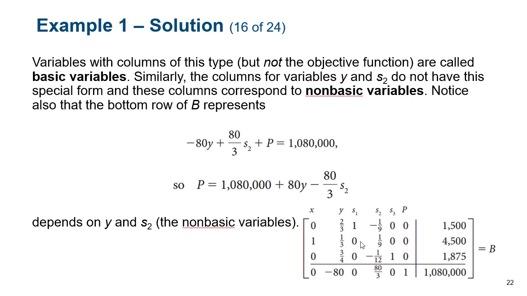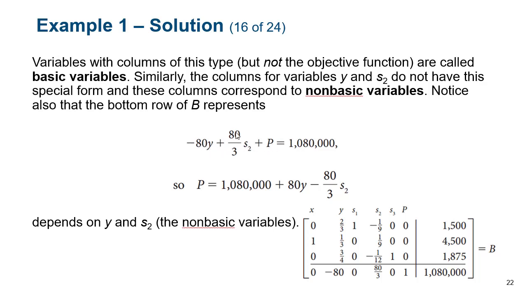And when we look at these variables that have columns of this type, right, that are basically in a reduced form, not counting the objective function, these are called our basic variables. And then obviously the other ones are called our non-basic variables. And you'll notice that the bottom row, our objective function, has this stuff still in it, right?